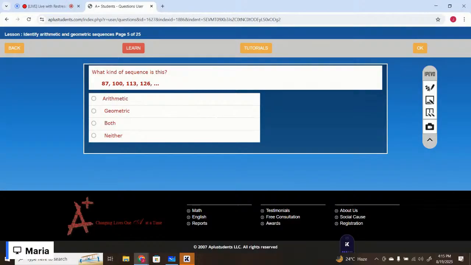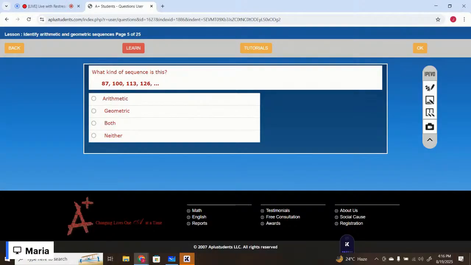What kind of sequence is this? 87, 100, 113, and 126.